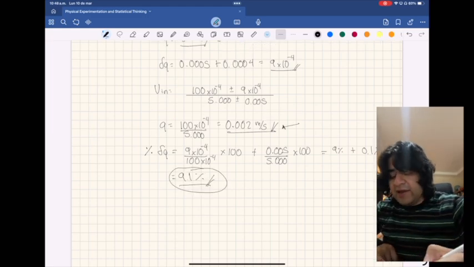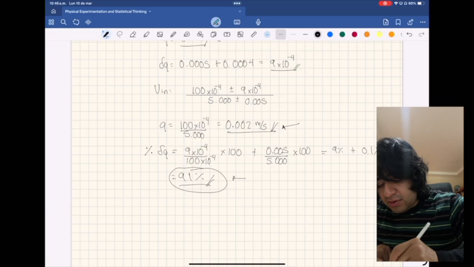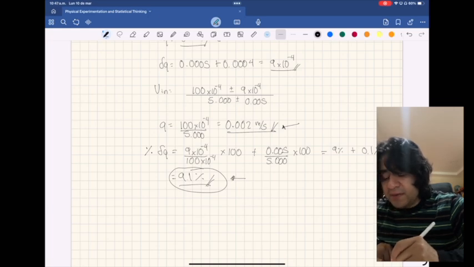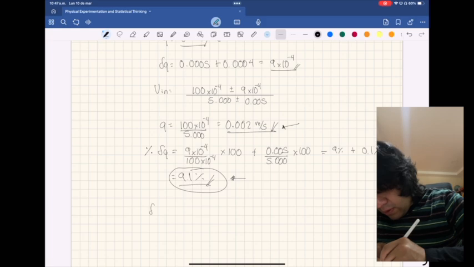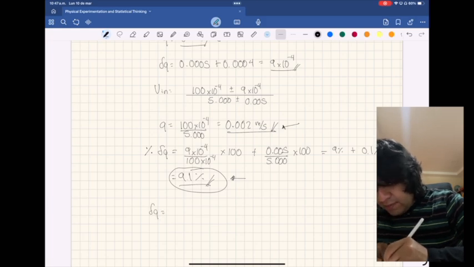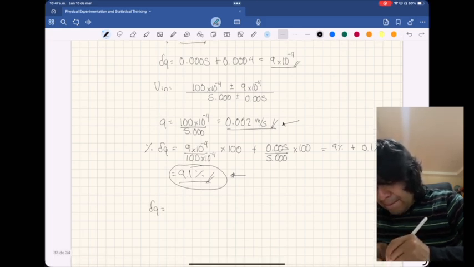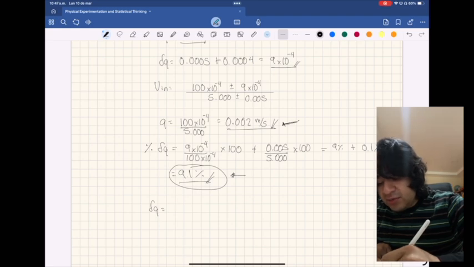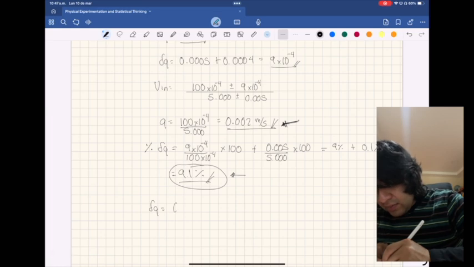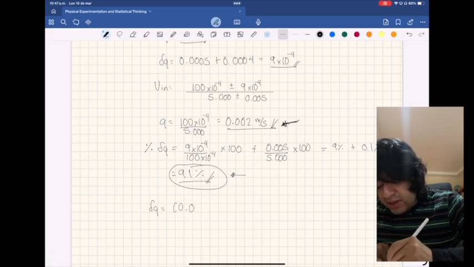Now, since we have to state this uncertainty as an absolute value, we multiply the percentage uncertainty with the quantity we obtain from the division, which is this one, or in other words, the 9.1% of 0.002.